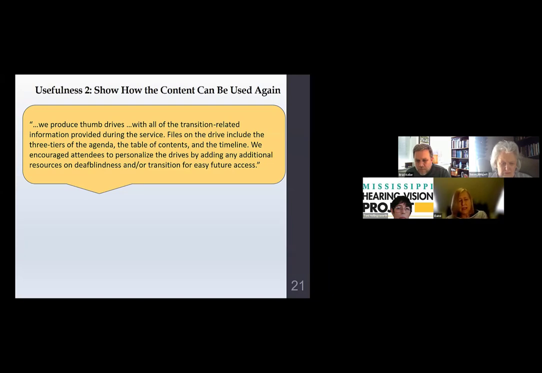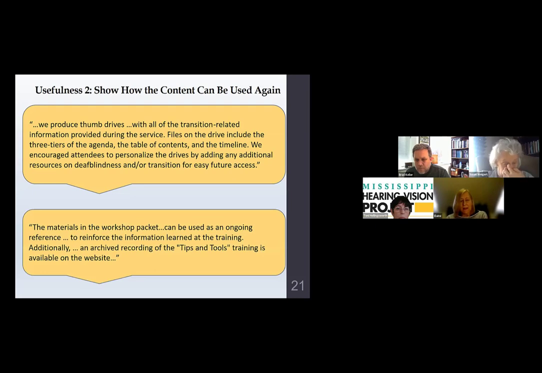We encouraged attendees to personalize the drives by adding any additional resources on deafblindness and/or transition for easy future access. And then finally, the materials in the workshop packet can be used as an ongoing reference to reinforce the information learned at the training. Additionally, an archived recording of the tips and tools training is available on the website."